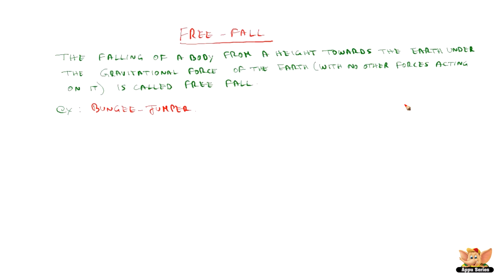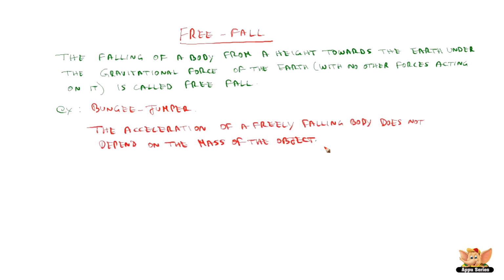So we also understood that the acceleration of a freely falling body does not depend on the mass. Whether the mass is lighter or heavier, the earth attracts it, it accelerates and falls at the same time.